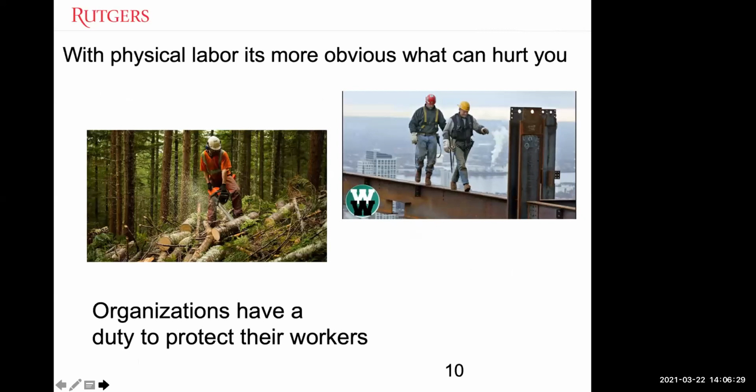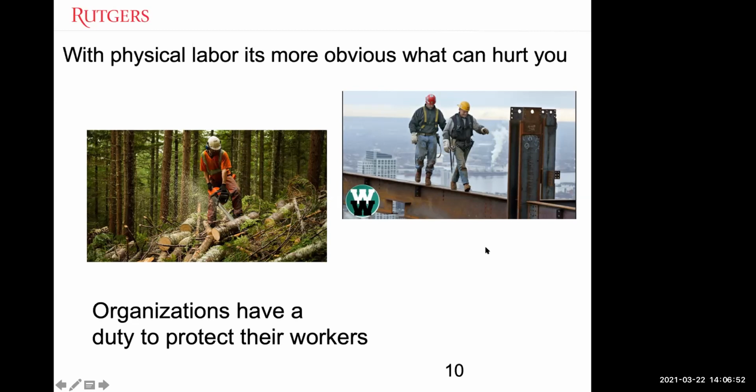So you see this one guy with a chainsaw, it's pretty close to his foot. I'm sure you guys in Washington cut a lot more wood than we do in New Jersey, but you can also note that he's got all kinds of protective devices: hearing protection, hard hat, orange shirt, looks like chaps, maybe leather chaps.